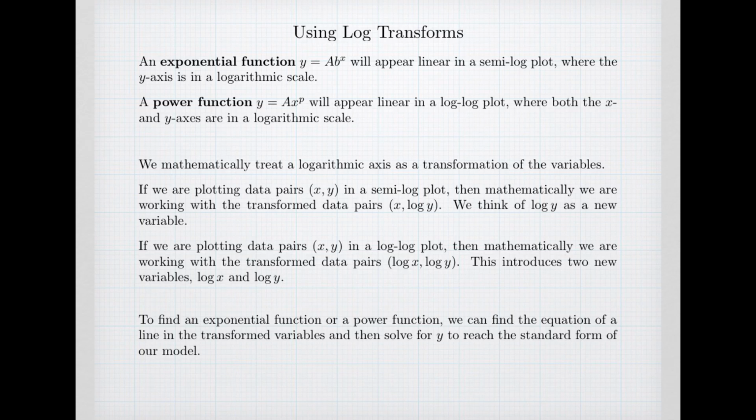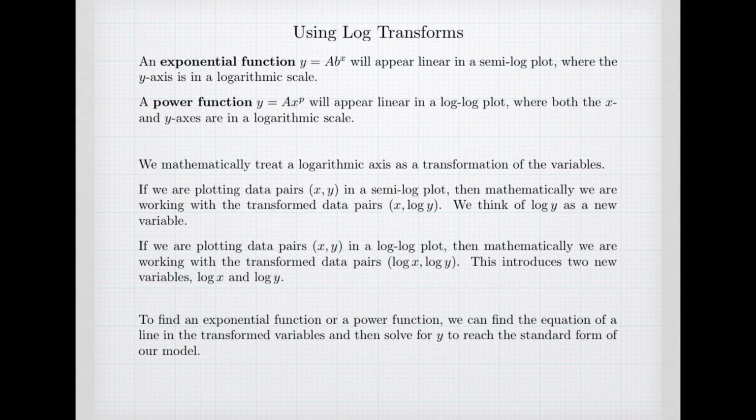Here are the key facts we're going to work with. An exponential function, so that's where my dependent variable y is a constant, here it's a, times a base, that's also a constant, raised to the variable's power, x. Now if I look at that in a semi-log plot, so that means that our y-axis is in a logarithmic scale, that's where I get a linear plot.